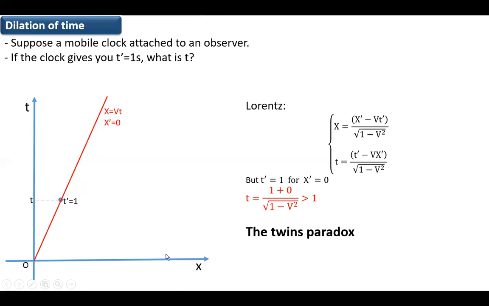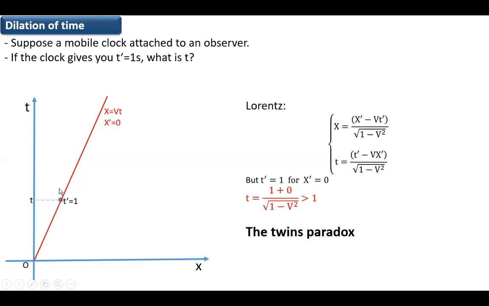What we mean by time dilation is that the clock is moving slower. If the clock is moving slower, it will give you a measurement of a shorter time, because it will tick slower, so it will tick less. So t prime is less than t.